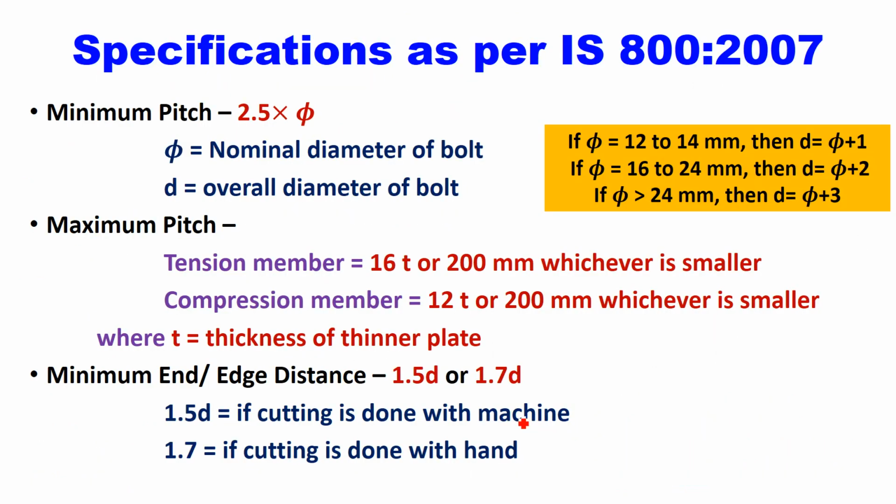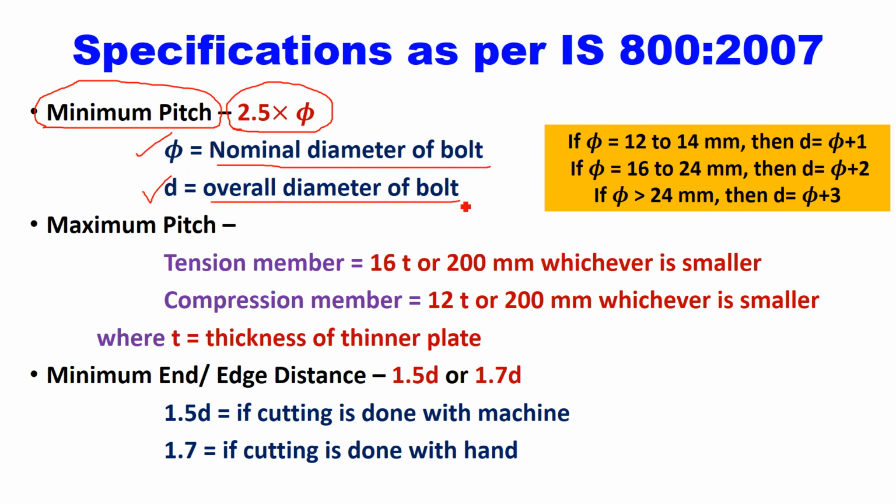Now next, for bolted connections in steel structures, IS 800-2007 mentions some standard specifications about these four parameters. So what is the minimum pitch value as per IS 800-2007? The minimum pitch must be equal to 2.5 times phi, where phi is the nominal diameter of the bolt, and D is the overall diameter of the bolt.